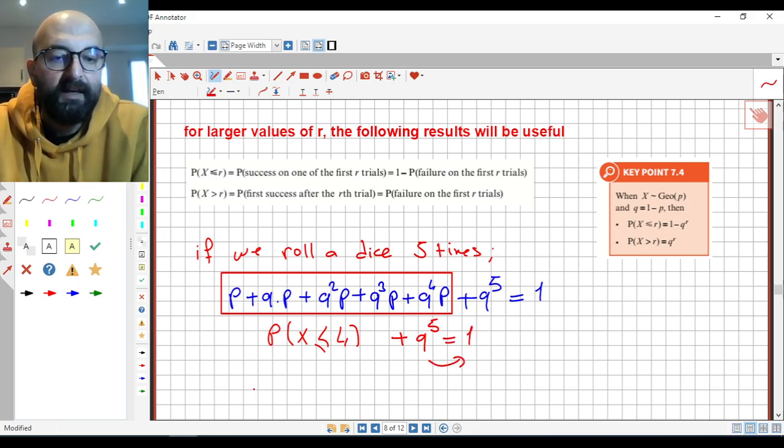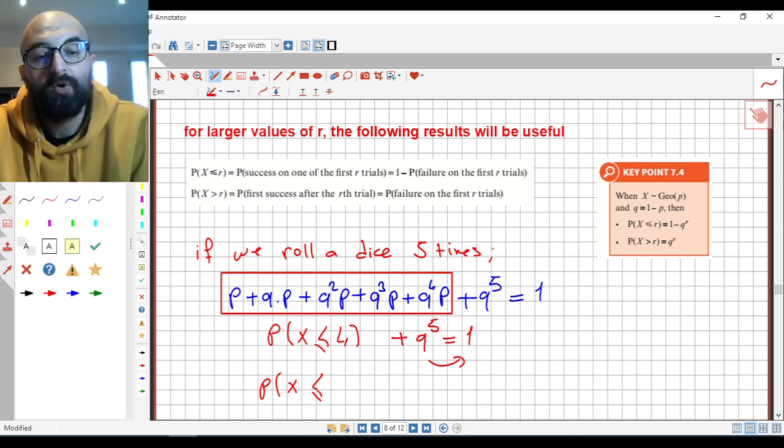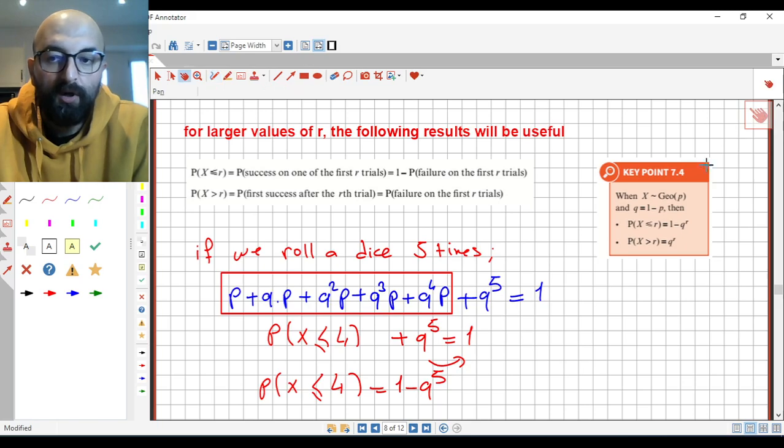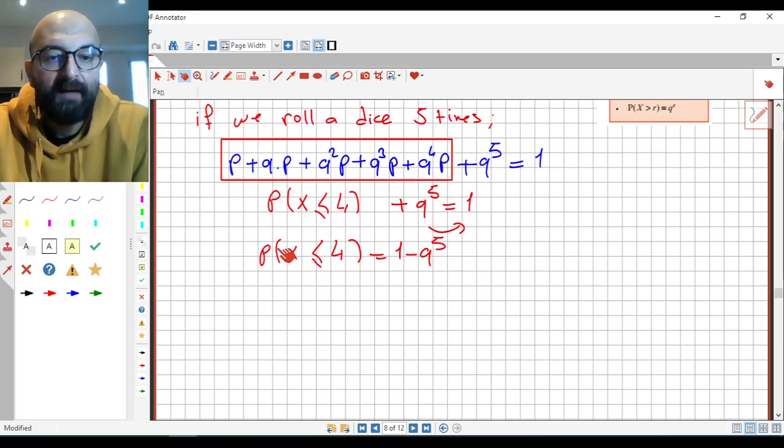And then the probability of getting success in 4 or fewer trials, it means 1 minus q to the power of 5. So we can figure out the probability of x less or equals than 4 shortly as 1 minus q to the power of 5.